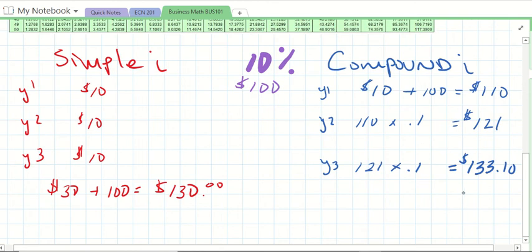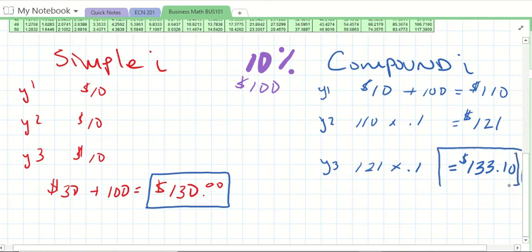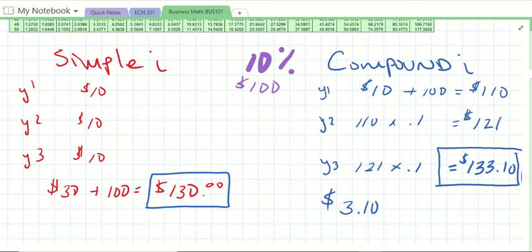So our total for simple interest was 130, and our total for compounding interest is $133. Compounding earns us an extra $3.10 in interest. And that's why we would prefer compounding interest, because you earn more money if you're saving and earning compounding interest.